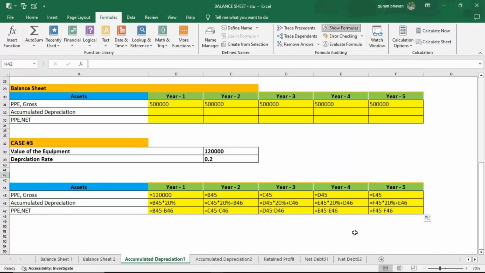Percentage is nothing but, when we take the value directly, here we are taking it in percentage. That's it.